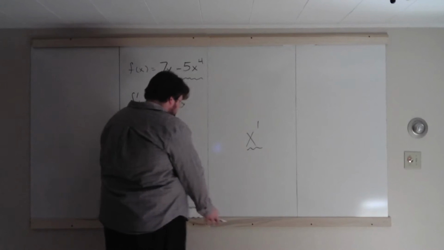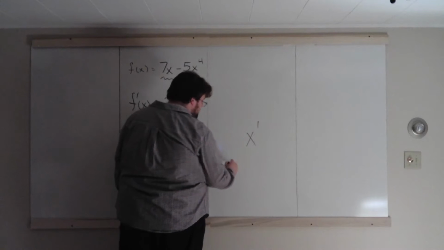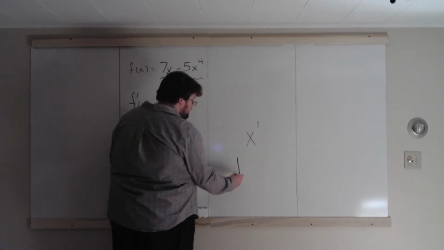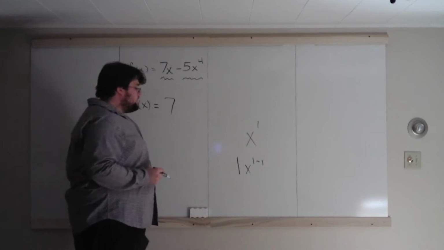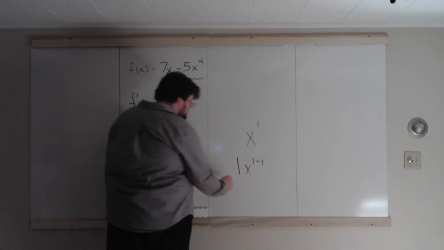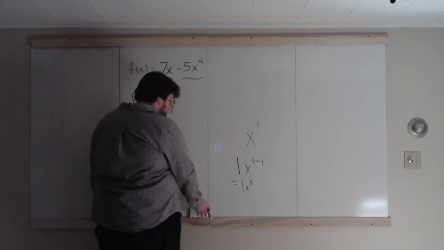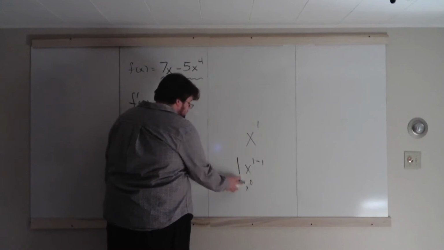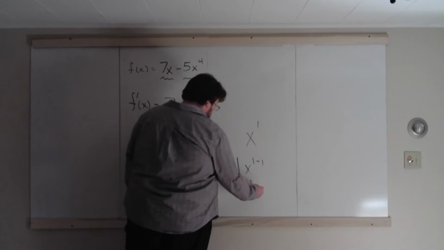Well, how do we take the derivative of this x to the first? Well, with a power rule. What does the power rule say? It says the derivative would be 1 times x to the 1 minus 1. Let's simplify that. 1 minus 1 is 0. 1x to the 0. Maybe when we multiply things by 1, we don't even write them. What's x to the 0?